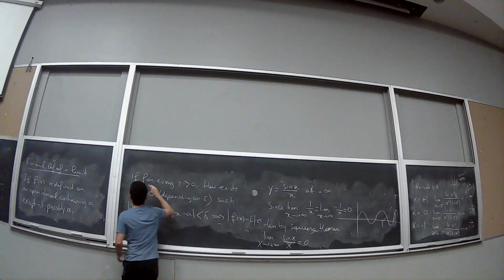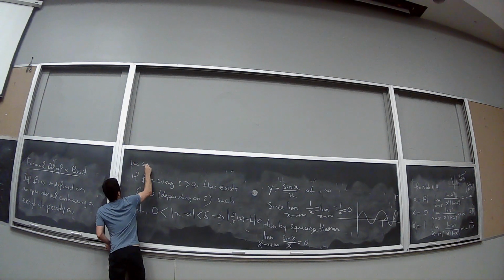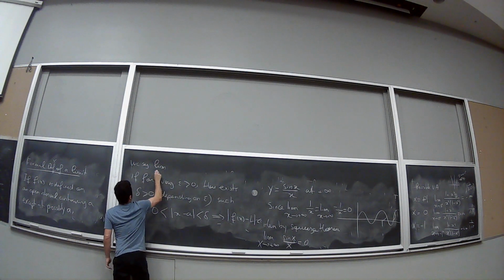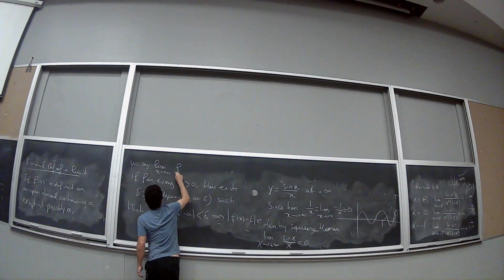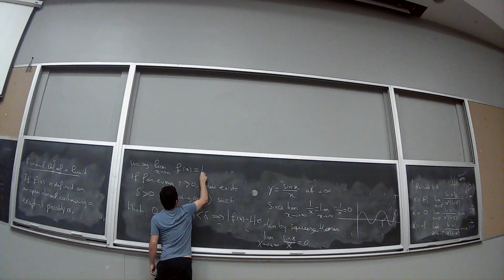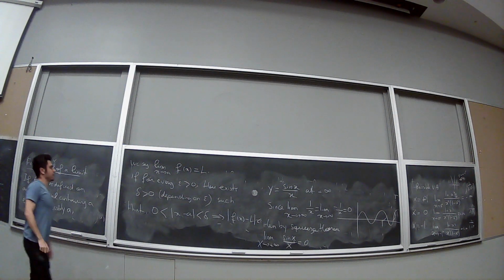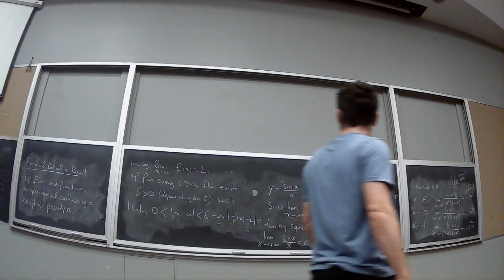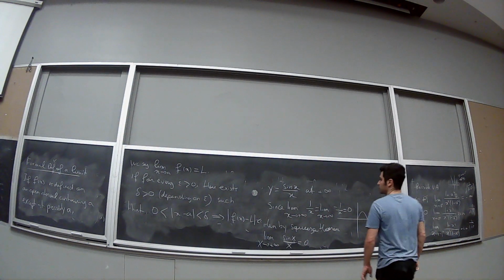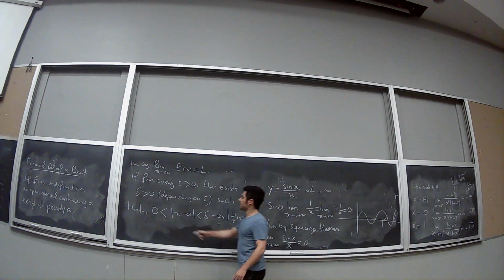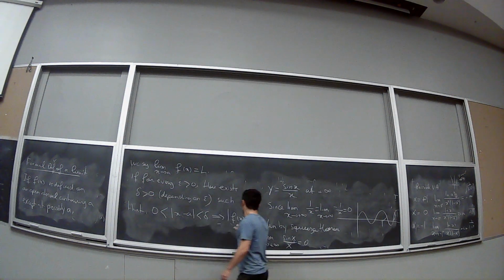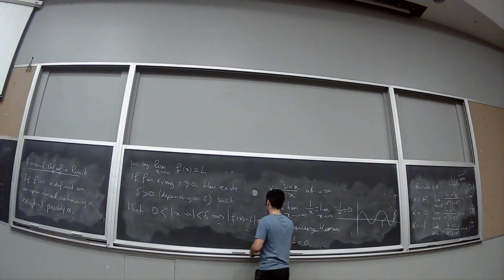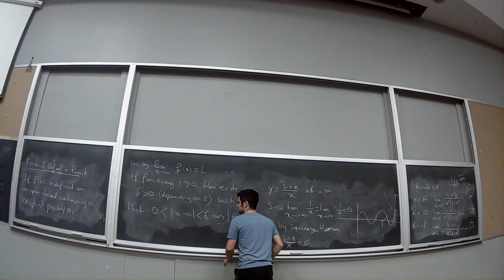We say the limit as x approaches a of f of x is equal to L if for every epsilon positive there exists a delta positive such that if x minus a in absolute value is less than delta and strictly bigger than 0, then the absolute value of f of x minus L is strictly less than epsilon.